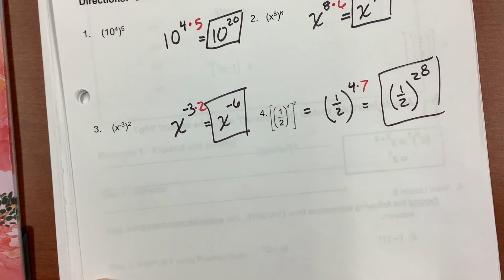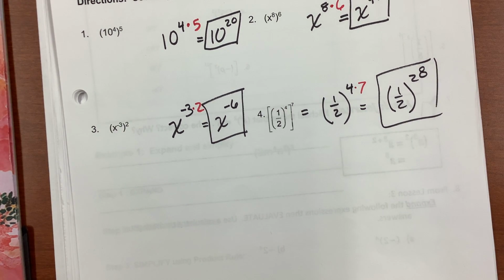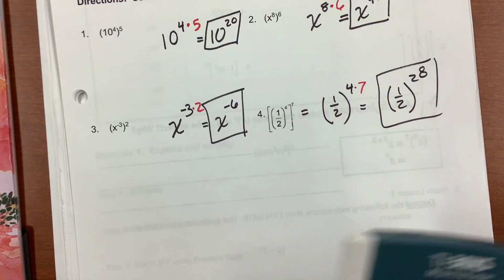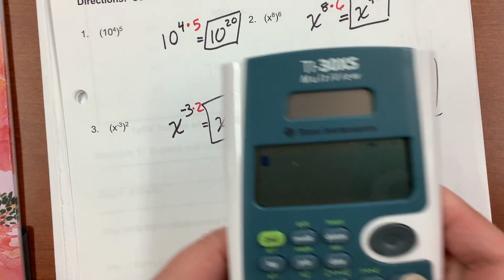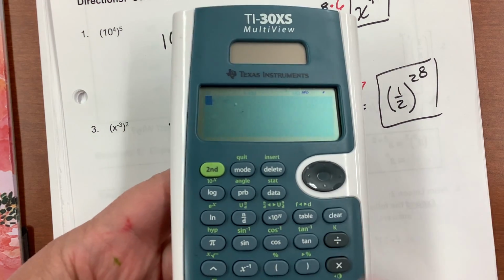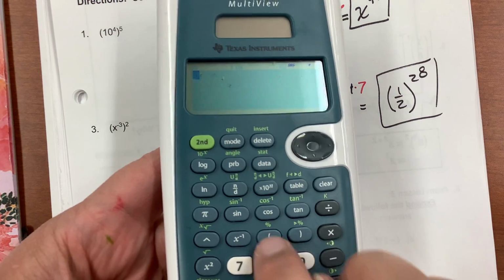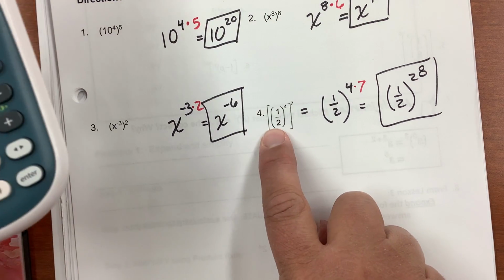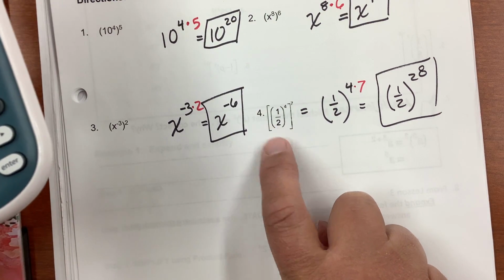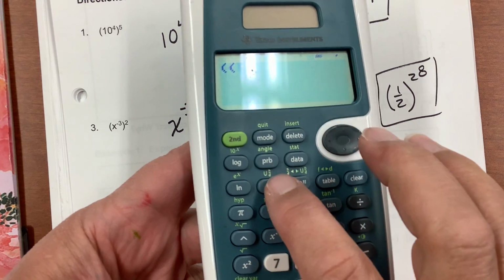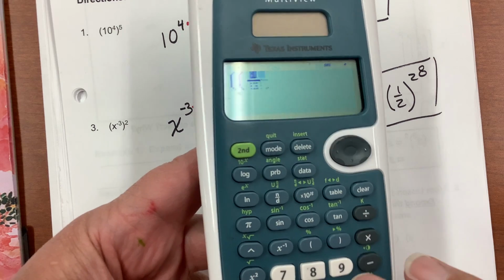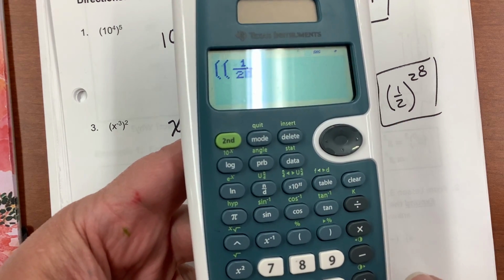And I want to do this one in the calculator because I want you to see how you would put it in a calculator. Let me just grab that right here. And can you see it? Here's my parentheses. So I would put in parenthesis, parenthesis, because see, it's 2 parentheses. That bracket is a parenthesis, and I have 1/2, 1 over 2.